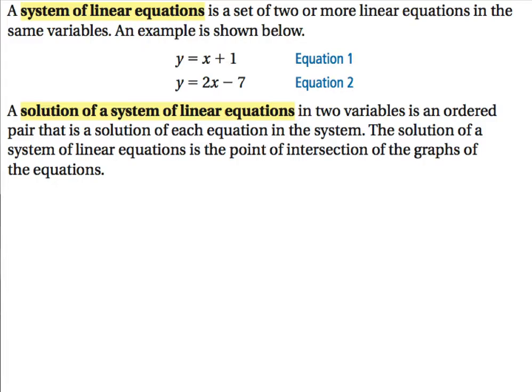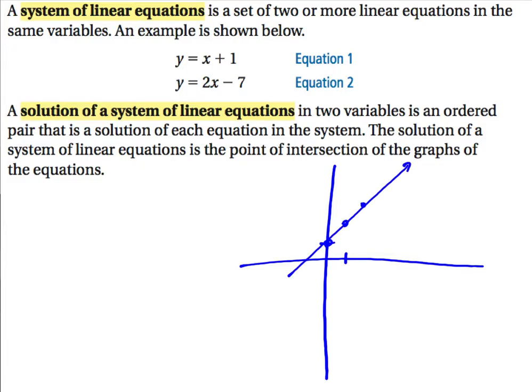All right, for these 2 linear equations, they are going to cross. I'm not exactly sure where. Just do a quick little graph sketch here. y equals x plus 1 is going to have an intercept of 1, and it'll be up 1 over 1 from there. And 2x minus 7, it starts down 7.